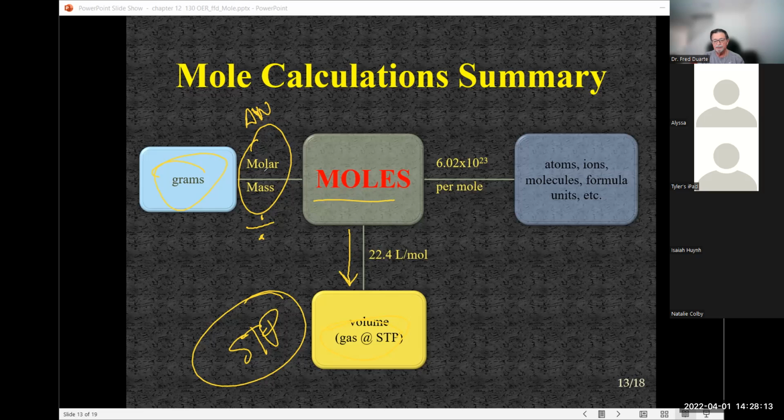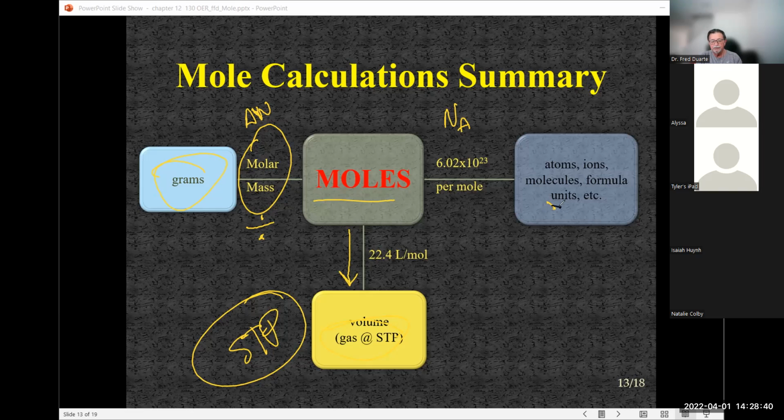And if they're asked to calculate how many molecules that is, X number of grams, then you're going to need Avogadro's number here to get me to the number of atoms, ions, molecules, formula units, whatever you are counting. Okay. Now we can go from the units.